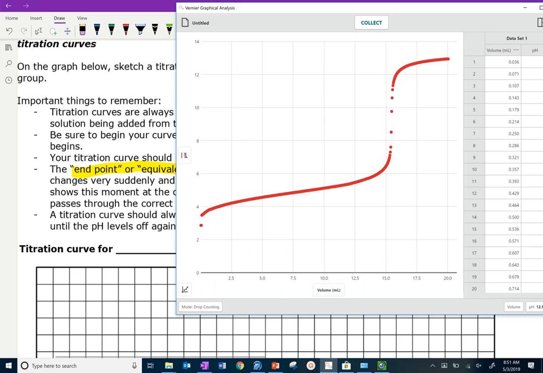On your graph, the place where your curve suddenly rises quickly should be somewhere around, let's pick a point out here, about 15.4 milliliters is what we're looking for. So somewhere around that 15.4 or 15.5 milliliters is where we want that pH to spike as you doodle this out. Again, this is just a rough sketch so you have one in your notes.